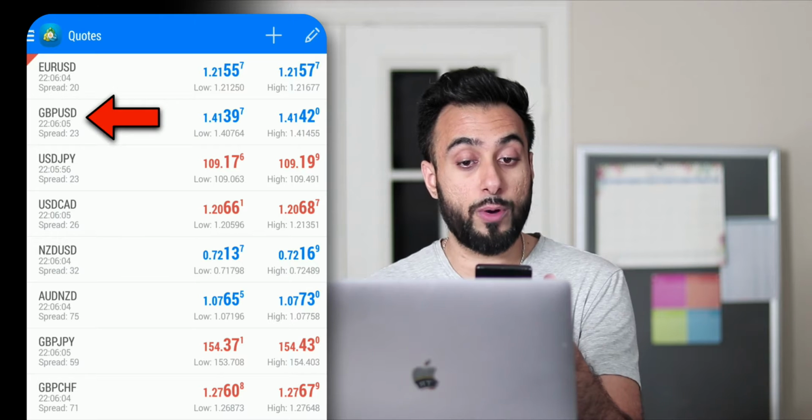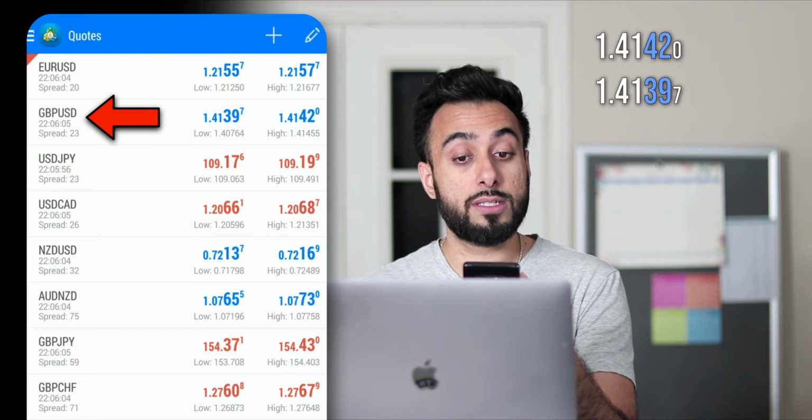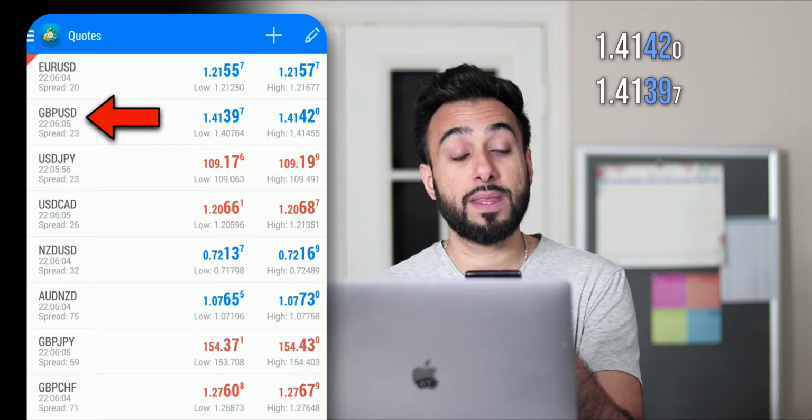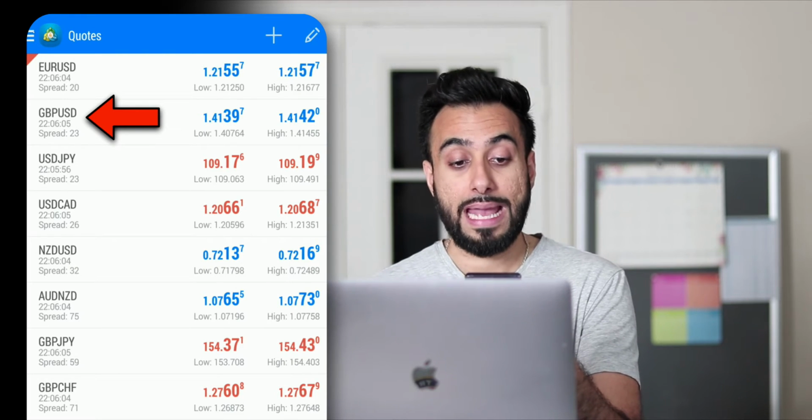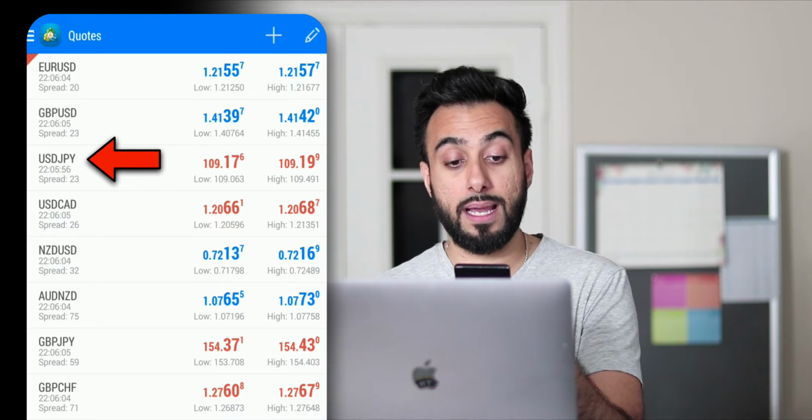Now, let's say we look at the next one. We see the difference is 42 versus 39.7. The difference, or in other words, the spread in this case is 2.3 pips. And you do the math for USD JPY, you notice the spread is 2.3 pips again.